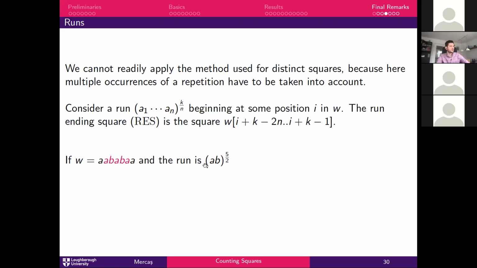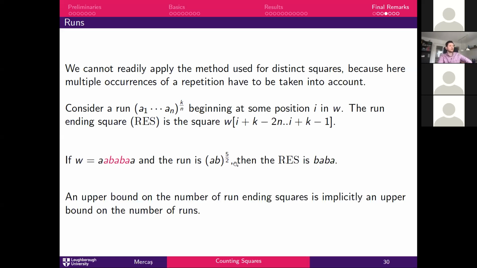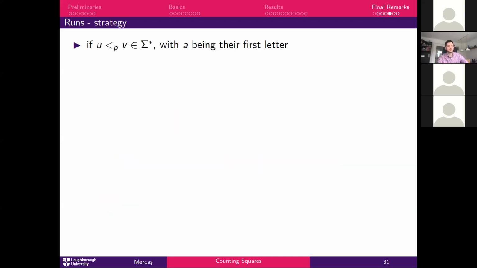For example, for the run ABABA, the run ending square will be BABA. So what we can do now is consider, for all of the runs, the run ending squares, and use our strategy in order to put the bound on them. If I can put the bound on the run ending squares, then I obviously put the bound on the number of runs as well. Again, this will only work if I'm going to look at the cluster, right?